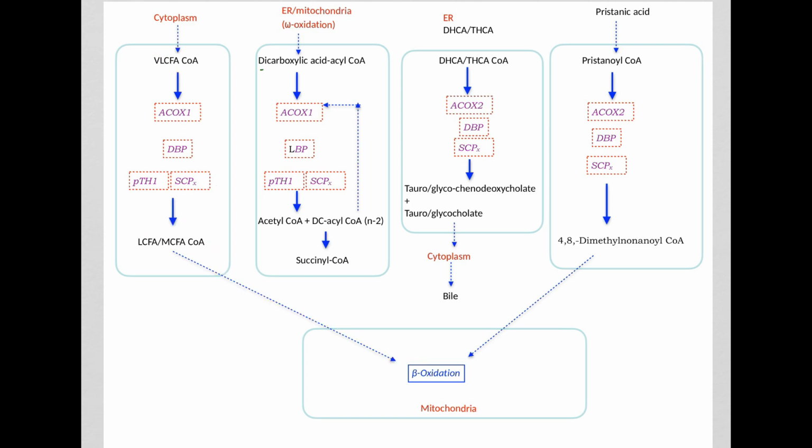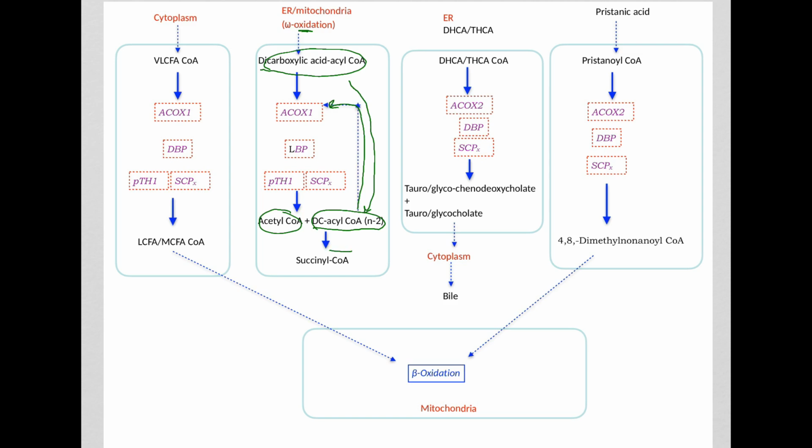In the case of the dicarboxylic acids that are formed from omega-oxidation, they go through beta-oxidation in the peroxisome, forming acetyl-CoA and the dicarboxylic acid shortened by 2 carbons, and this then goes back into the cycle, and this keeps on happening.